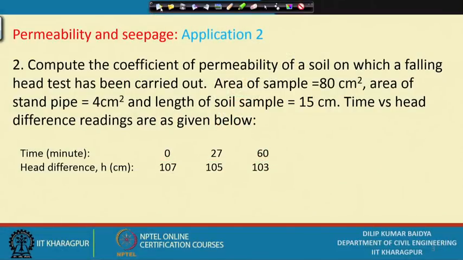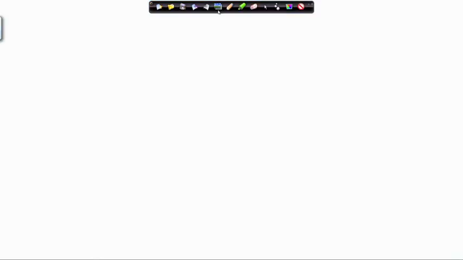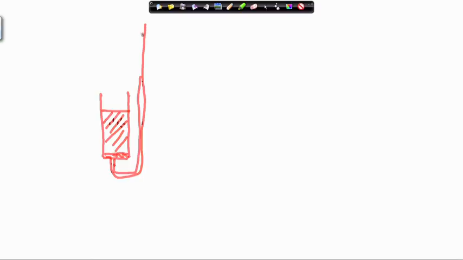Generally our test procedure is something like this. There is a sample, and through it there is a standpipe, which should be of uniform section, obviously not as I have drawn here.